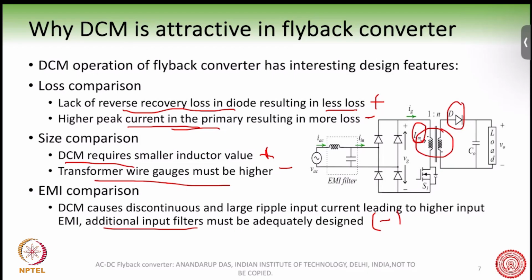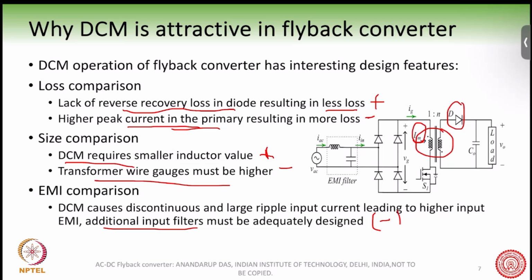But overall, if you see all the applications and commercially made AC/DC flyback converters, most of the manufacturers and other researchers would prefer DCM operation of the flyback converter. And so we will learn it in more detail, this DCM operation.